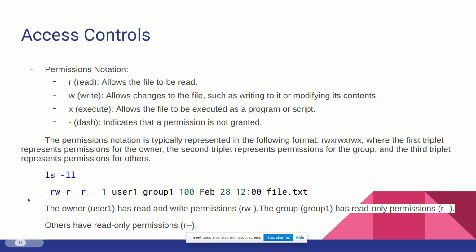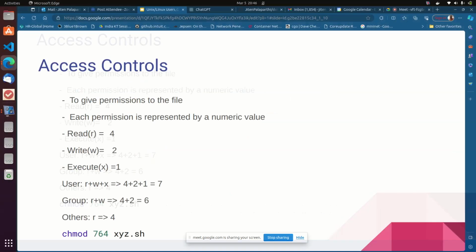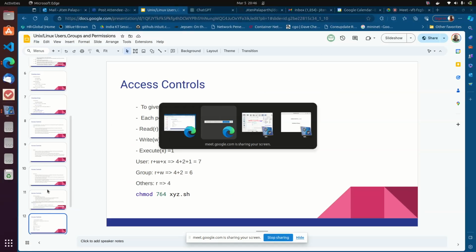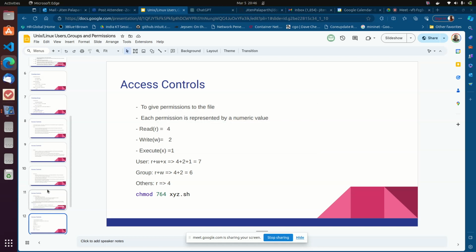If you look at ll, the hyphen here tells that it's not a directory. If it's a directory, it would be a d. It's a file because there is no d. Fine, let's go and have a look at a file and its permissions.